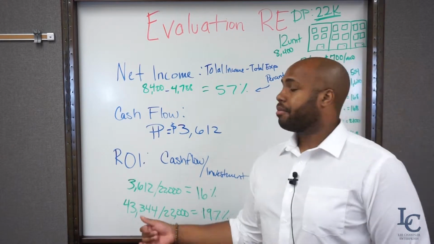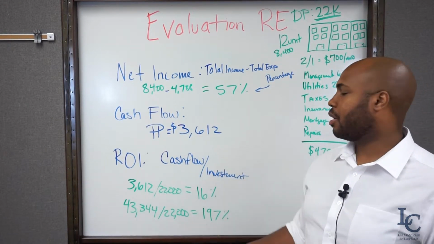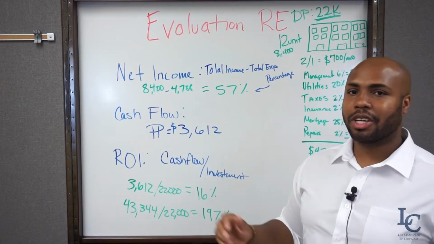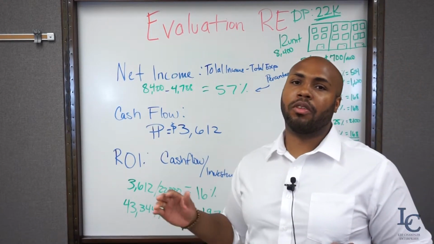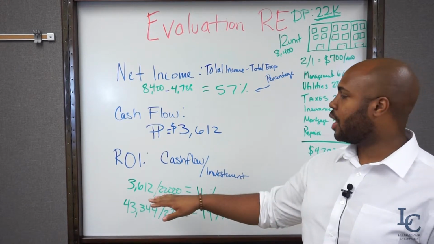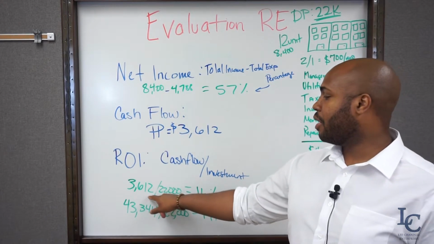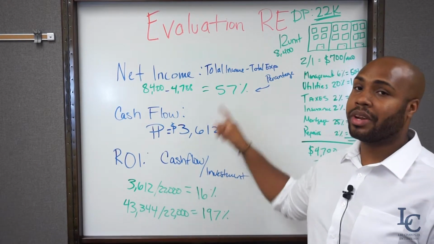All right. So the last thing that we'll look at here is going to be our return on investment. This is the biggest thing that people talk about. Hey, what's going to be the ROI, and so forth. And what we're doing here is we're taking our cash flow, what I consider to be your profit, and we're going to divide that profit into what your down payment was.